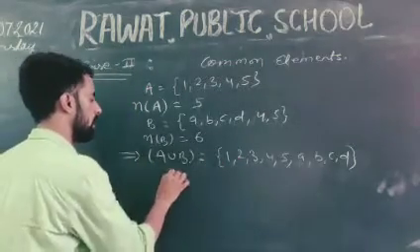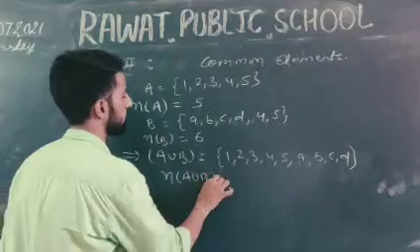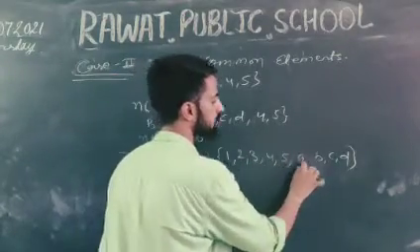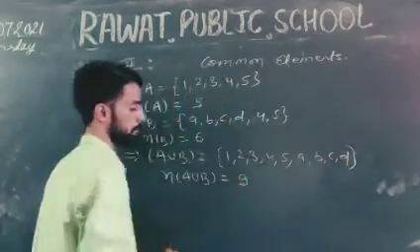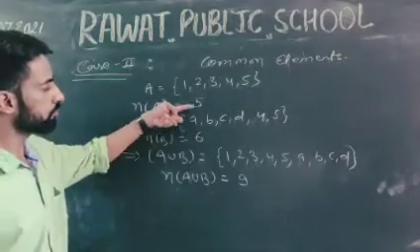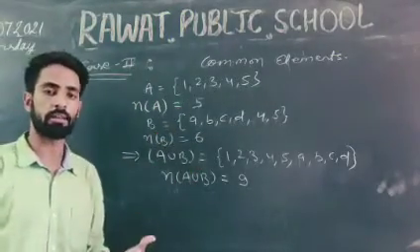So the number of elements in A union B: we have 1, 2, 3, 4, 5, 6, 7, 8, 9. 9 elements.